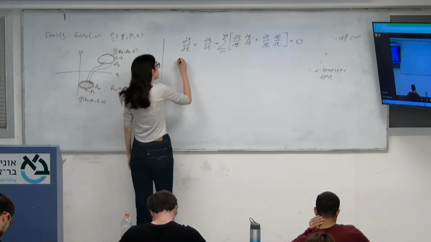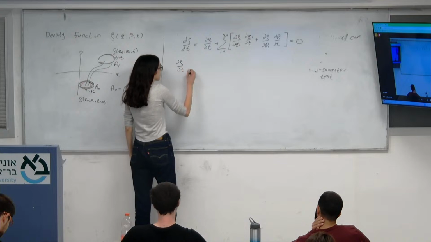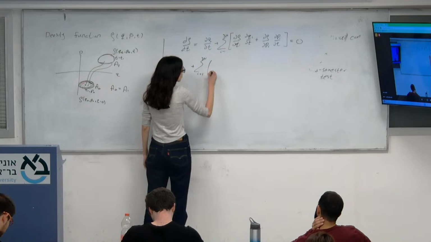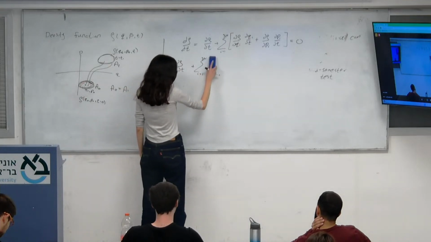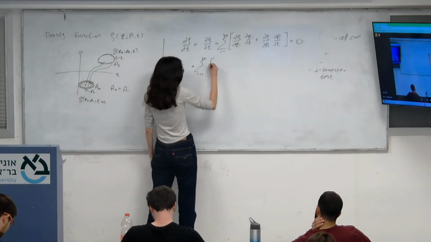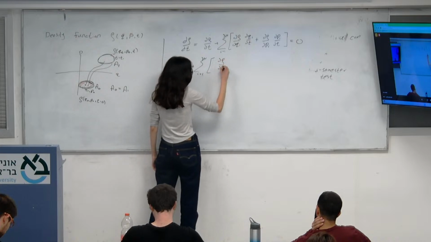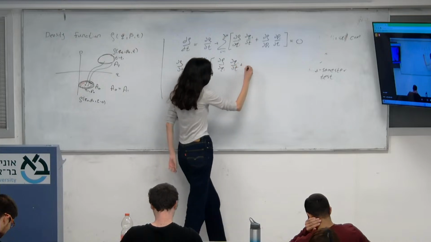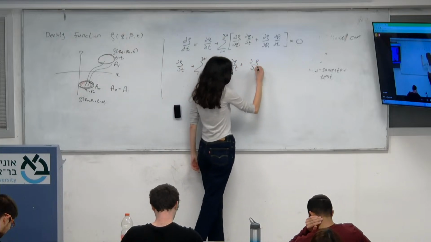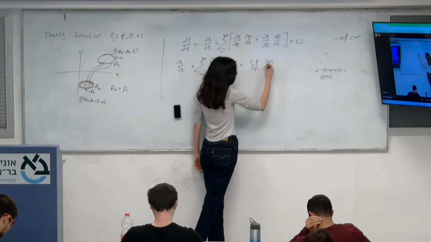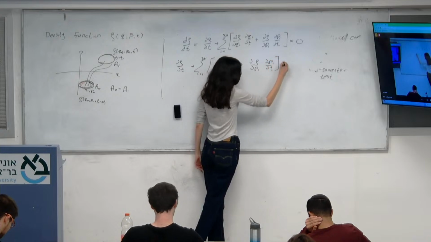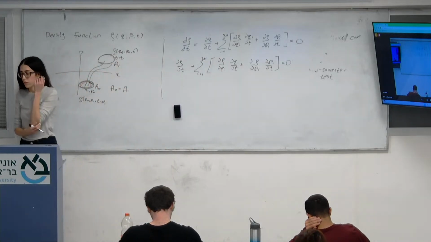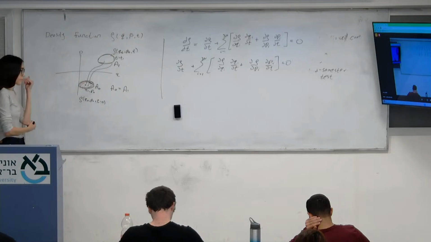So d rho dt plus the sum of d rho dqi times dqi dt plus d rho dpi times dpi dt equals 0. This is basically one form of Liouville's equation.